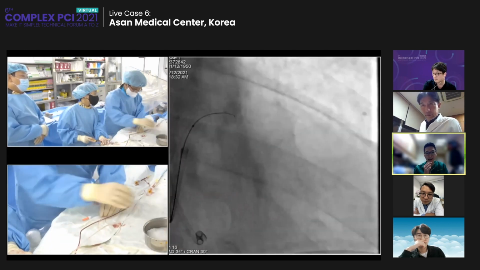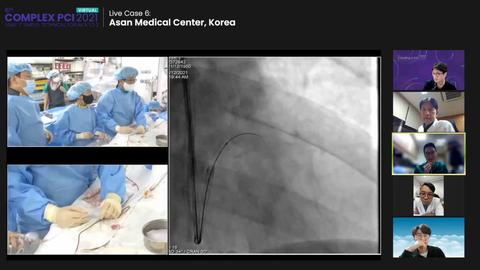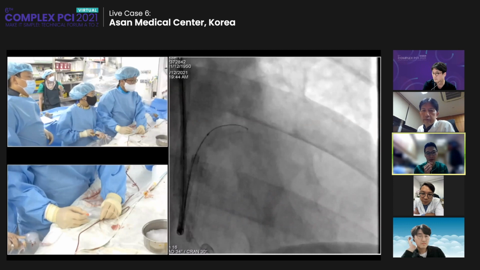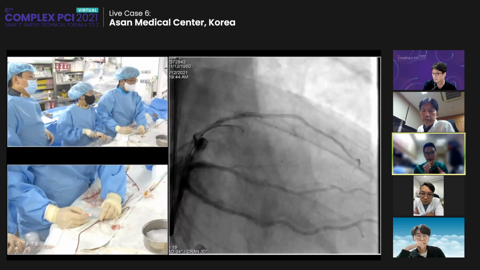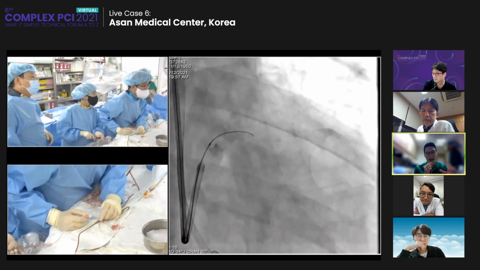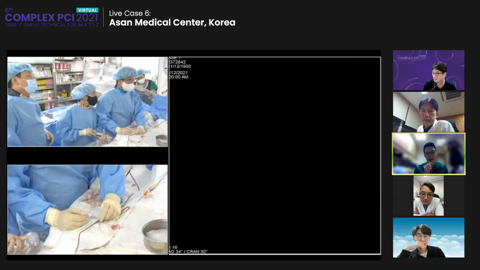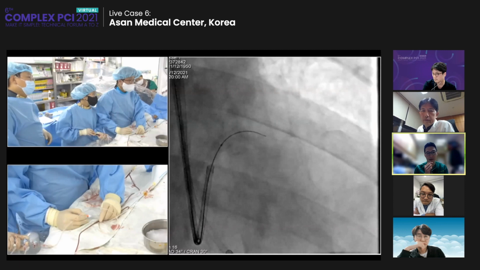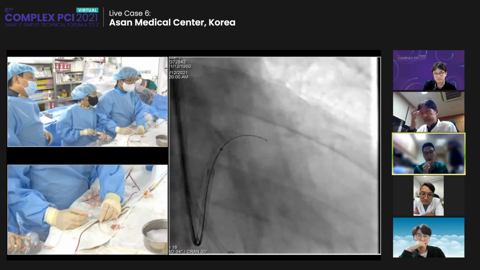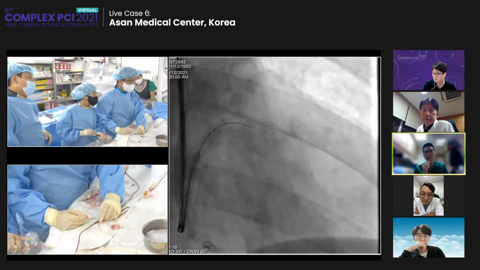Maybe I may choose the polymer jacket wire first, because you may go to the previous subintimal space, but this time you have the beautiful retrograde visualization, and in case it doesn't really go to the target, you can always use a parallel wire to redirect your second, more directional wire towards the distal target.